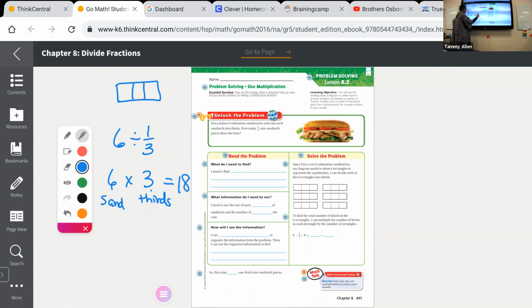So she has 18 1/3 sandwiches, right? Does that make sense? So it's 6 times 3, or 18, 1/3 size sandwiches.